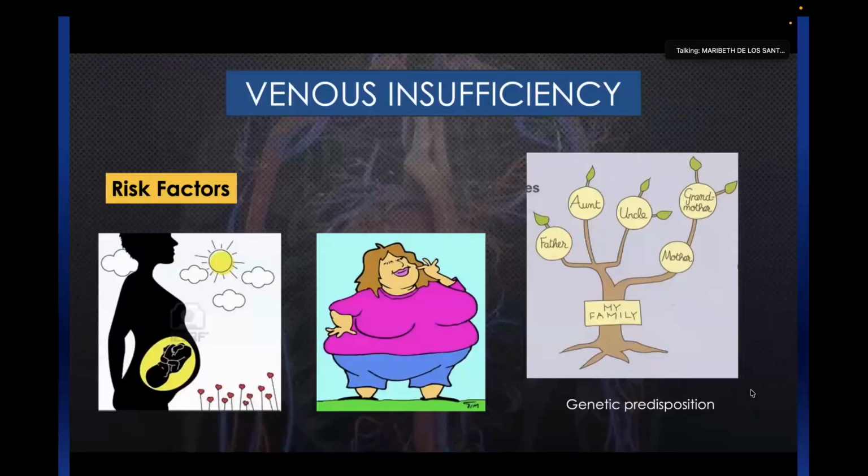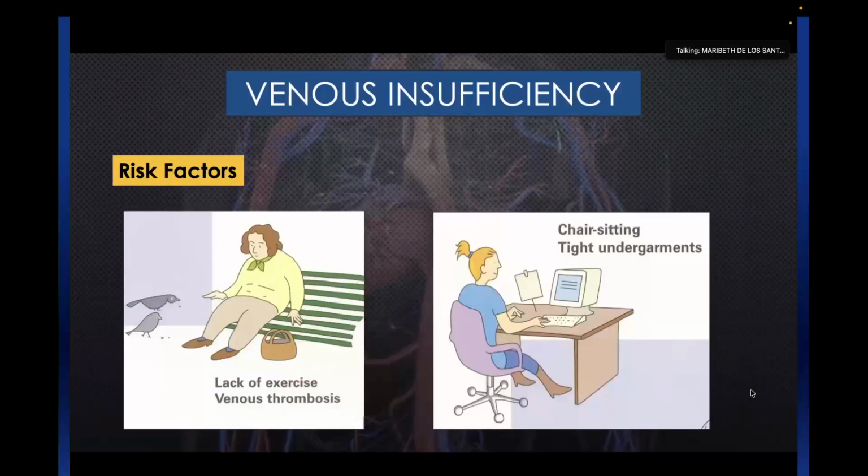Obesity and pregnancy cause changes to the leg veins that prevent them from working as they should. For example, the vein may get too wide, preventing its valves from closing all the way. Other factors are wearing tight undergarments and a sedentary lifestyle.